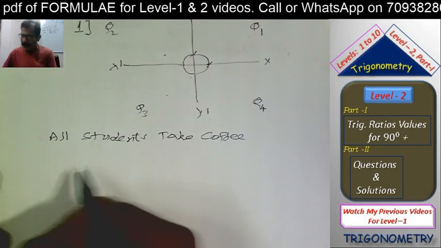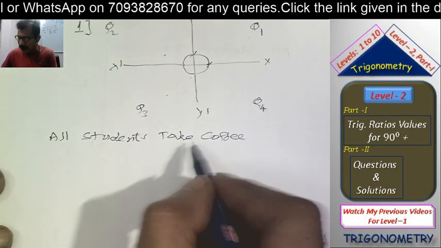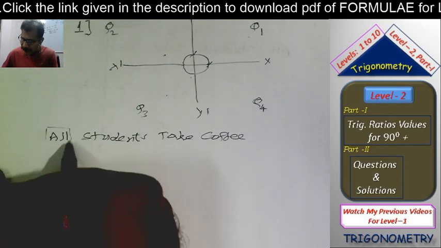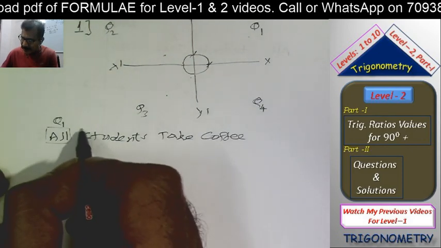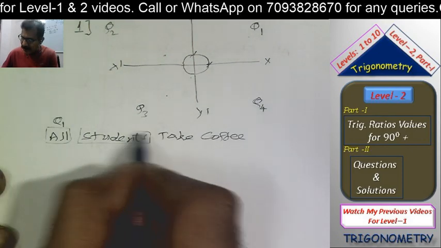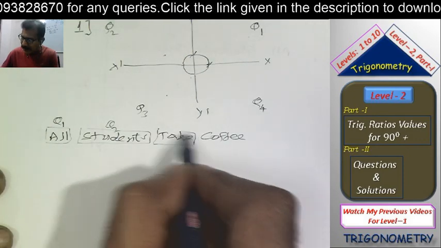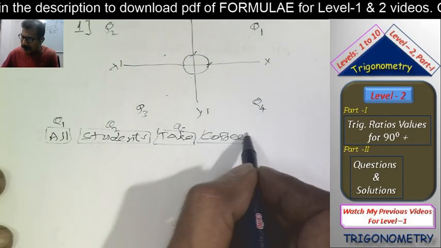Okay. This statement is called the positive statement, means it explains about only the positive ratios. Here the first word all stands for quadrant 1, and students stands for quadrant 2, and take quadrant 3, and coffee for quadrant 4.